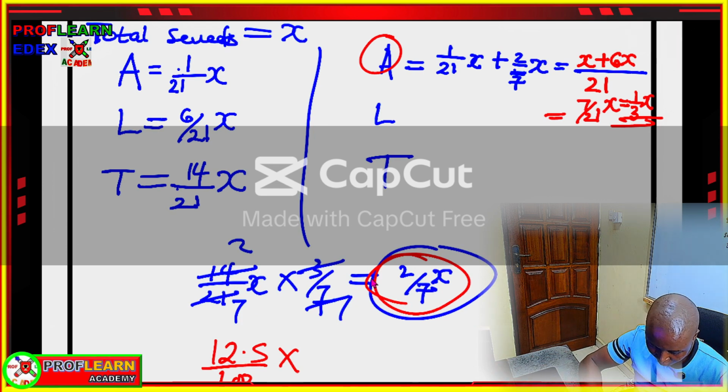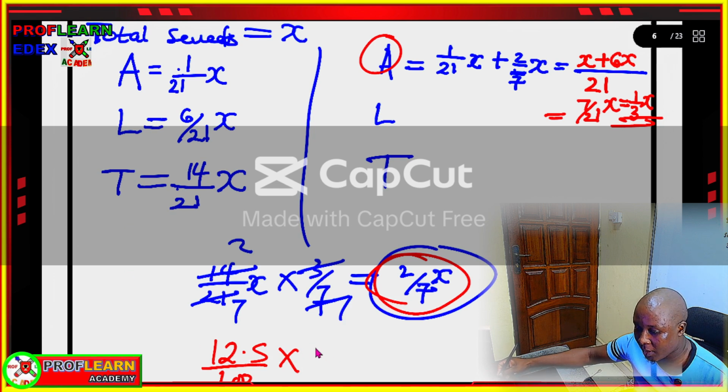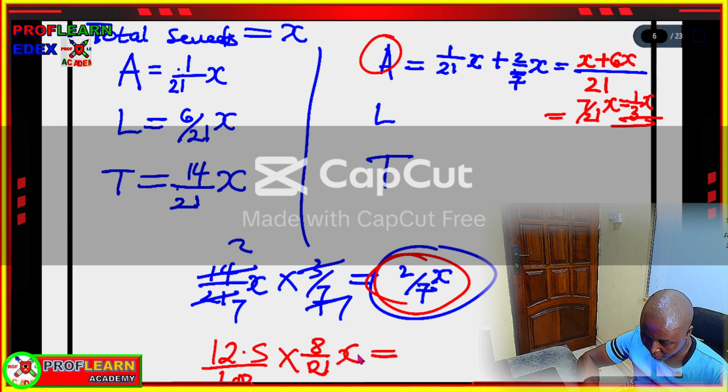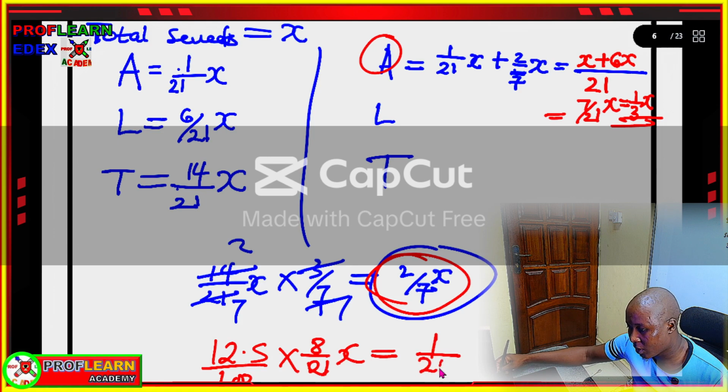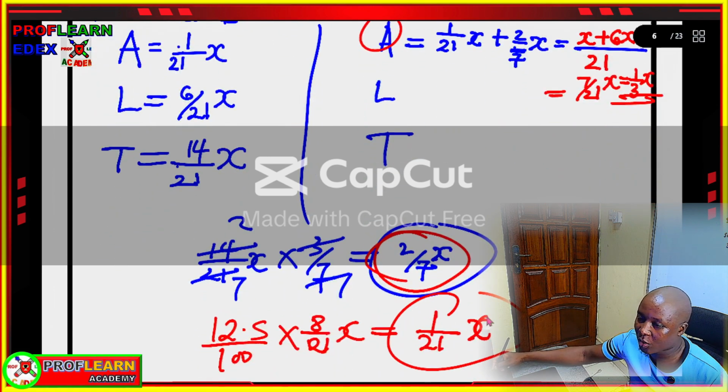That's going to be 14 over 21 minus what she gave out, that is 2 over 7. She remained with 8 over 21, so that's 8 over 21 of x. So 12.5% of that is going to be times 12.5 over 100. That's going to be 1 over 21 of x.